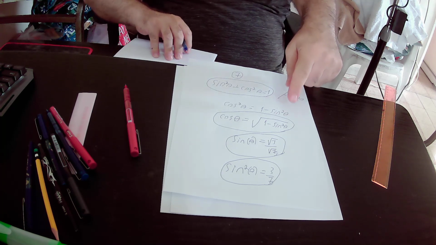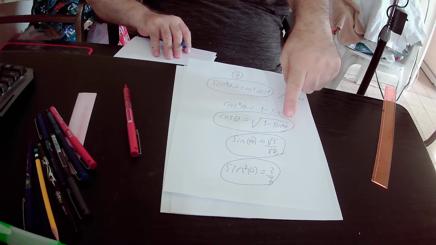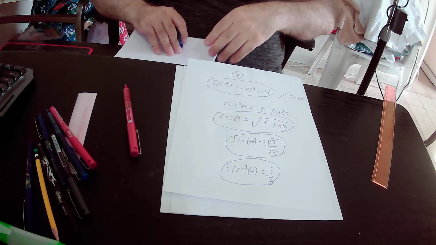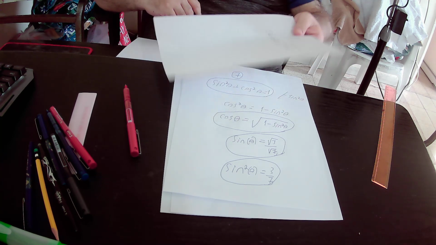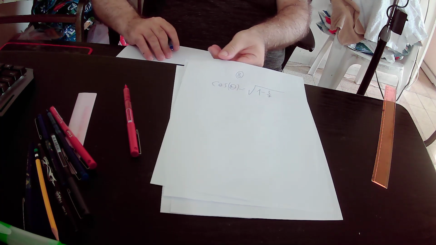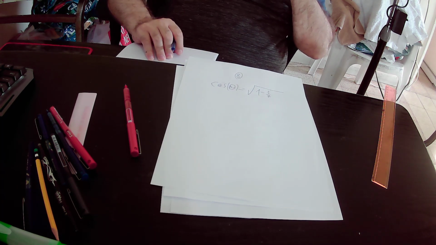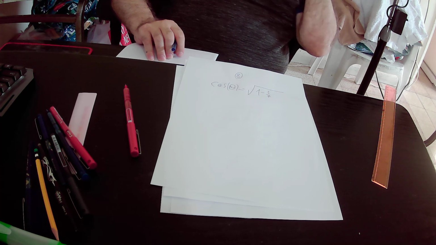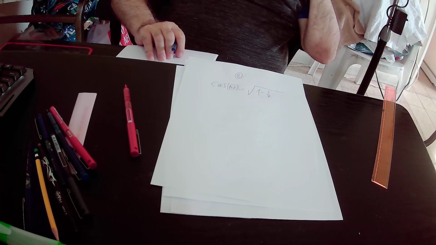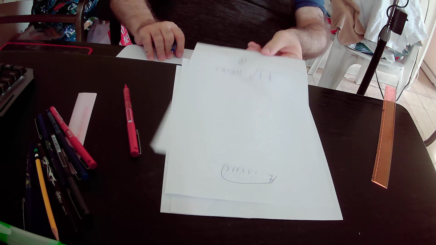Okay, we substitute sine squared theta by 3 over 7, and we got that cosine theta equals the root of 1 minus 3 over 7. 1 minus 3 over 7 equals 4 over 7. So I write it down.